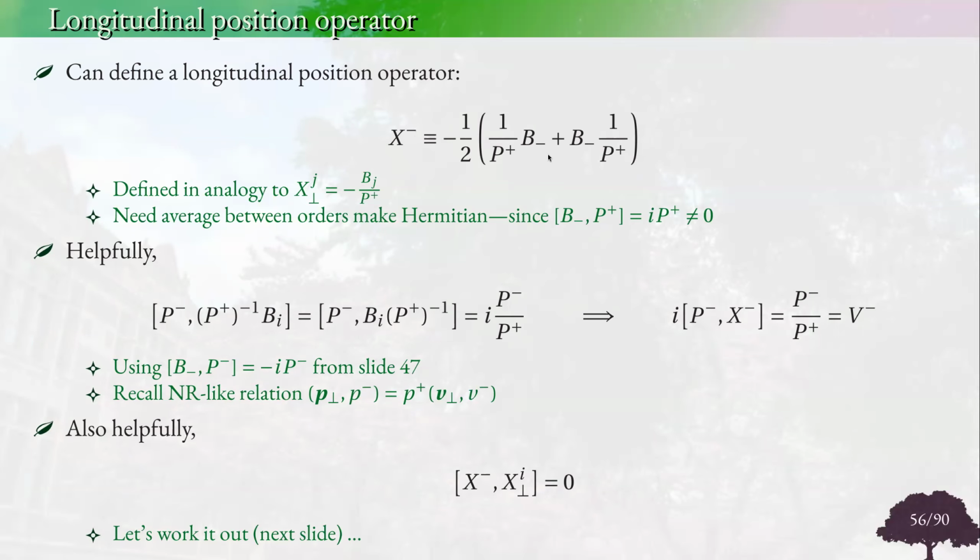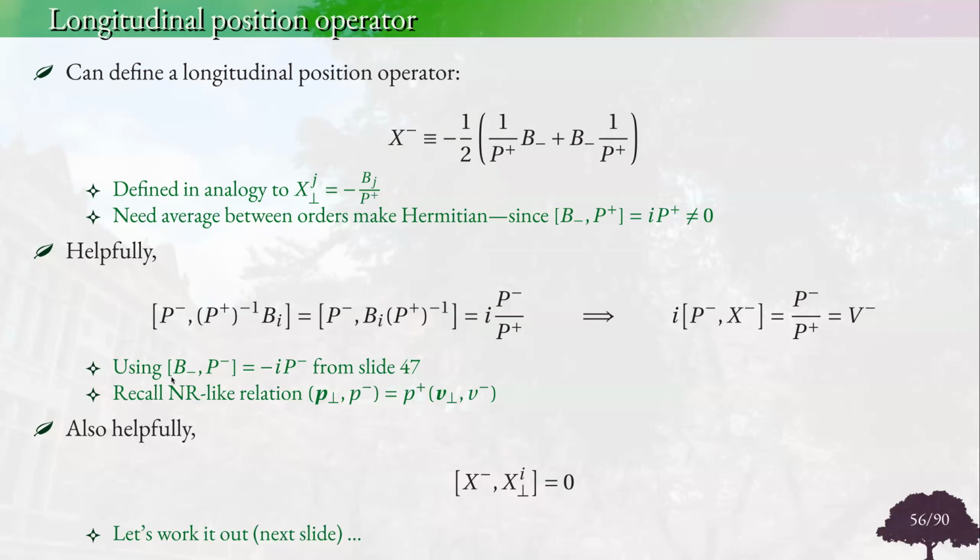However, your longitudinal boosts and your p plus do not commute with each other. If you go back to the summary slide of the Poincare group, you'll find that you get I P plus, so it's not in the Galilei subgroup. So you need to do this whole two-sided average in order to get an operator that's actually Hermitian. Now, with this, it actually does give you the commutation relations that you need for first quantization to make sense.